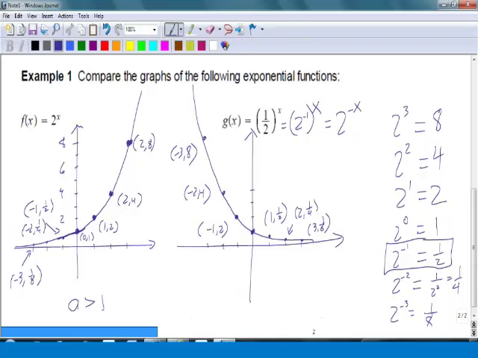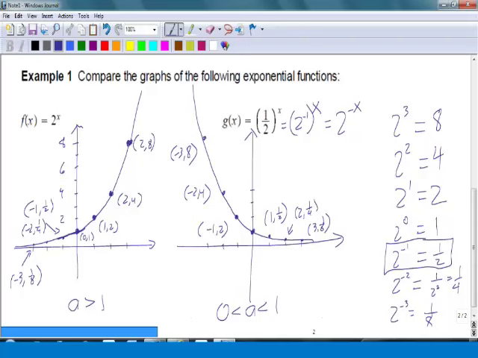So for an exponential function where the base is between 0 and 1, we could have done it with 1/3 or 1/4 or 2/3. You multiply something by something between 0 and 1, and the result is smaller than what you started with. So it gets smaller and smaller. It's decreasing.